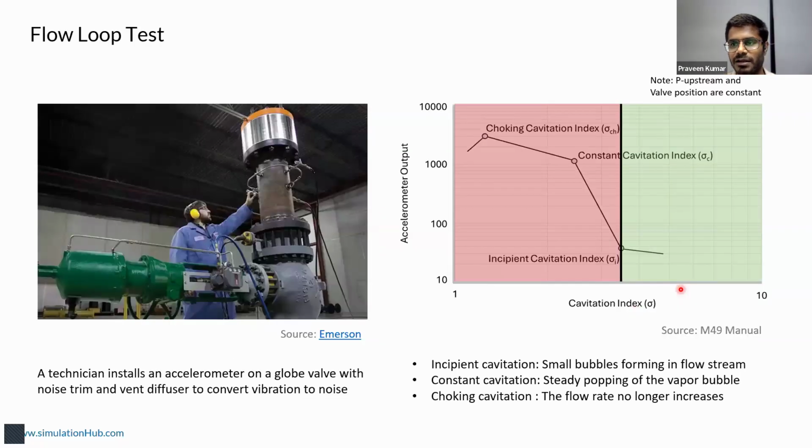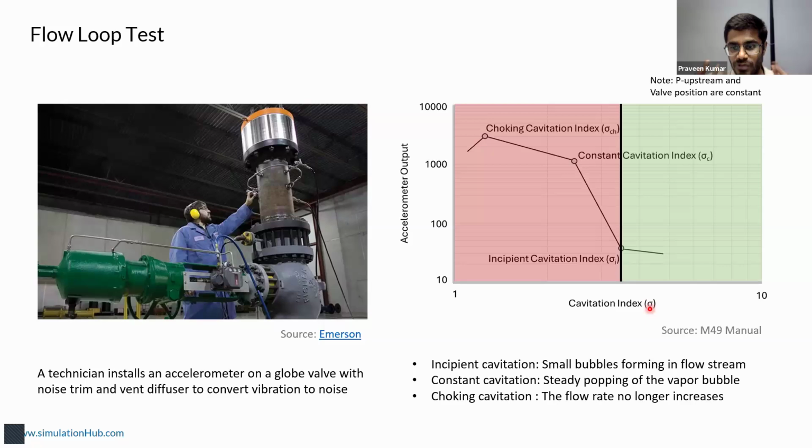One more thing I want to highlight. This graph is for one valve opening position, keeping the P upstream constant. Once you achieve this sigma I, you can compare it with any sigma, for any operating pressure or upstream pressure, by calculating the sigma.